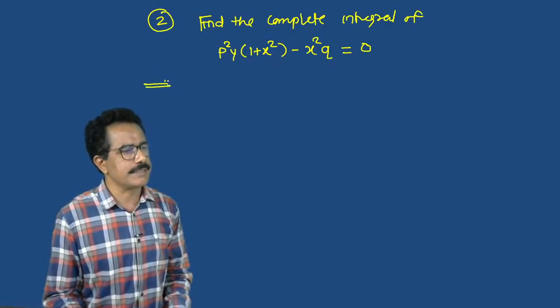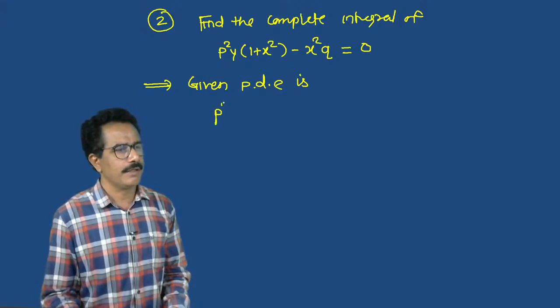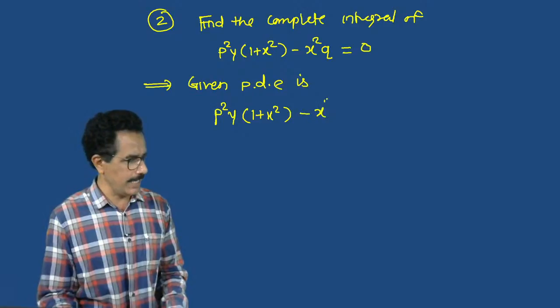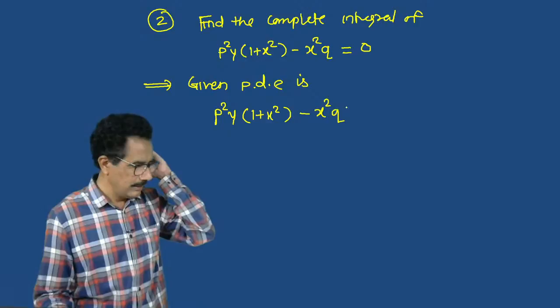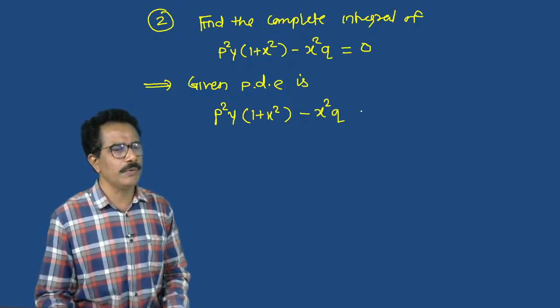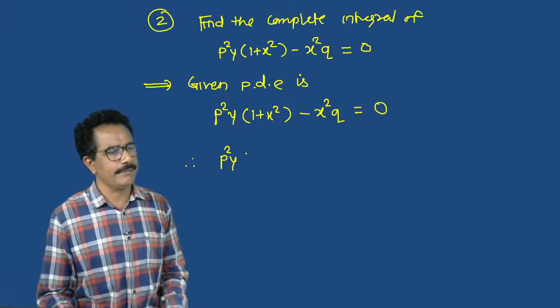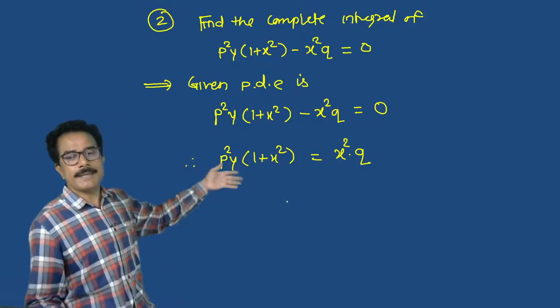Now see this. The given non-linear partial differential equation is p square y into 1 plus x square minus x square into q, which is equal to 0. So we can write p square y into 1 plus x square equals x square into q. So we can separate the variables.